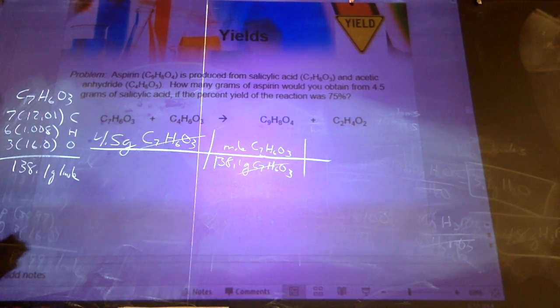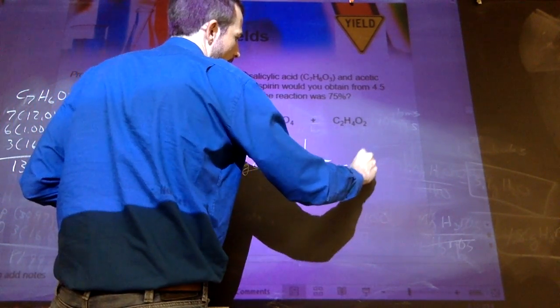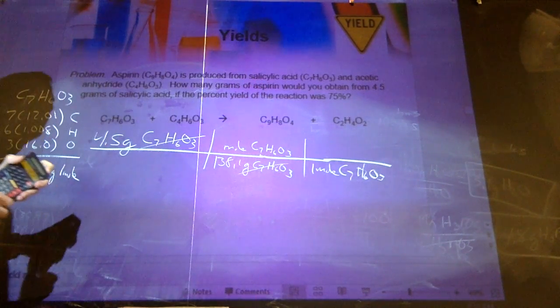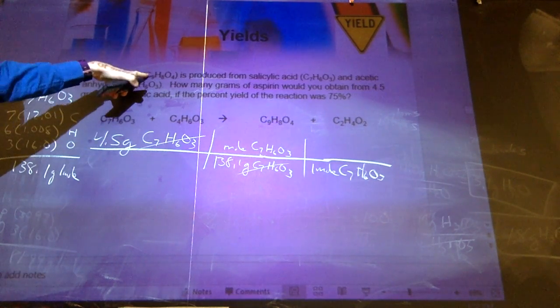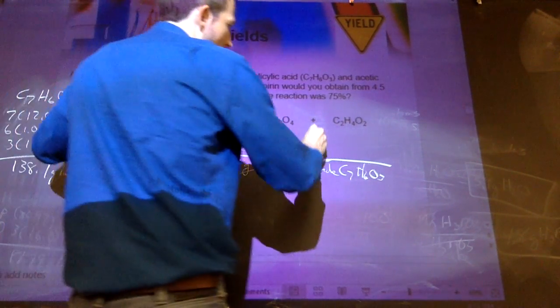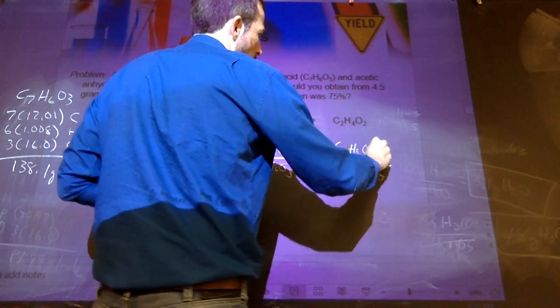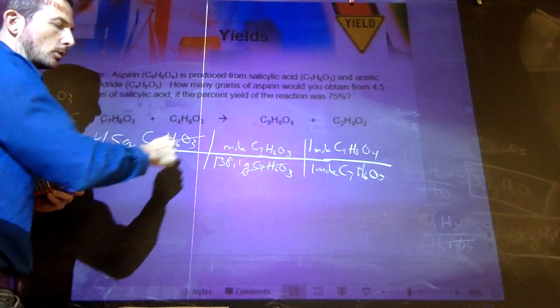Go to my balanced equation. 1 mole of salicylic acid. I'm asking about aspirin, so that's the C9 compound here. Produces 1 mole of C9H8O4. Remember, there's not a coefficient right there, assumed to be 1, so it's 1 to 1.